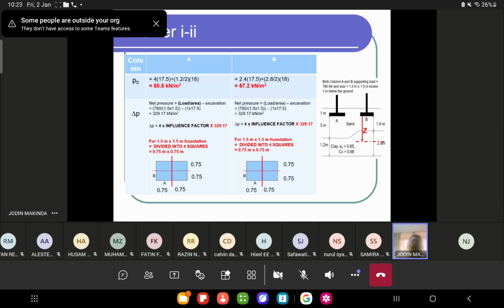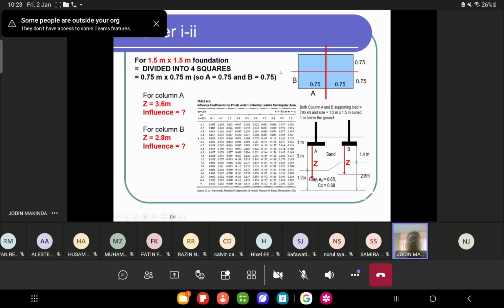So how? For the influence factor, we divide the square into 4, because the square size is 1.5 meter times 1.5 meter. Why 4? Because we want to find the stress at the corner.